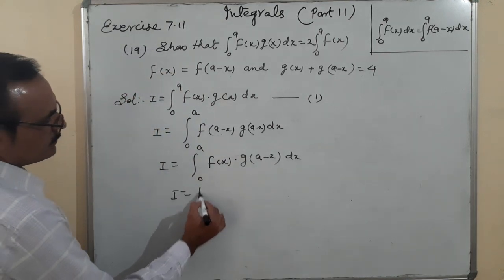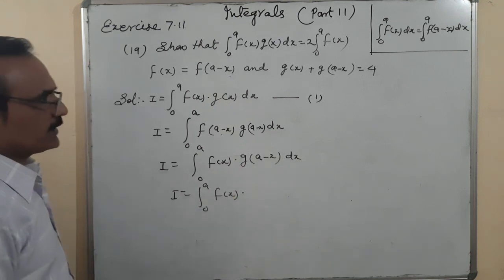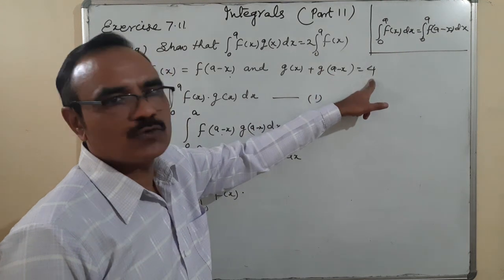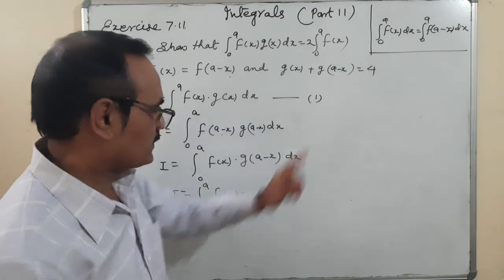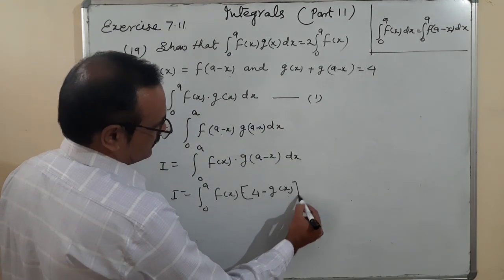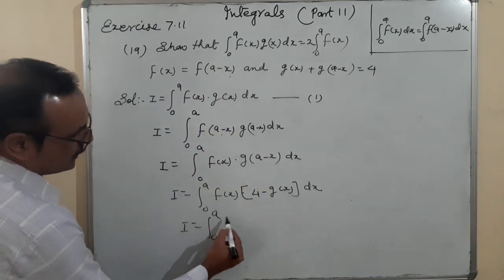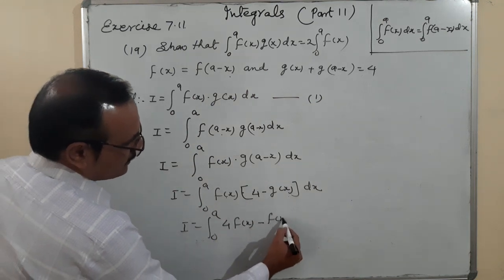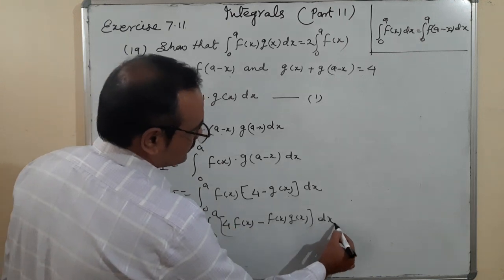I have used this, but I have not used the second relation, g of x plus g of a minus x is equal to 4. So g of a minus x is equal to 4 minus g of x. So may I write here 4 minus g of x. Is it okay? I is equal to the integral from 0 to a of 4 f of x minus f of x into g of x, total it is dx.